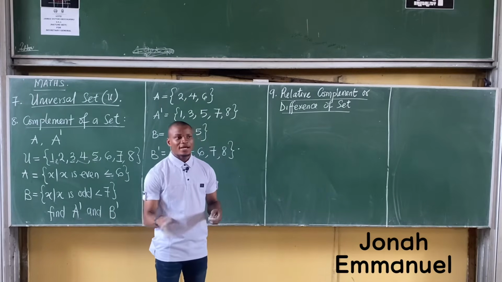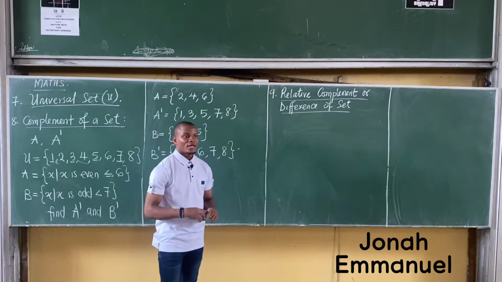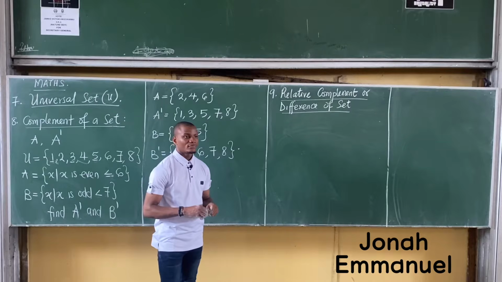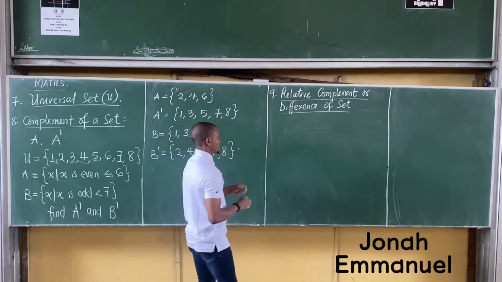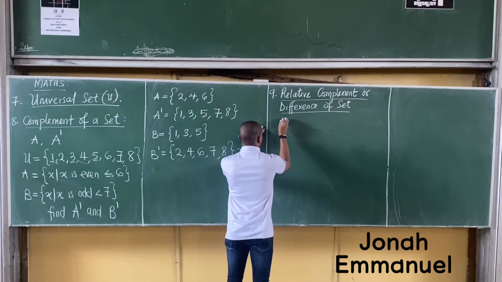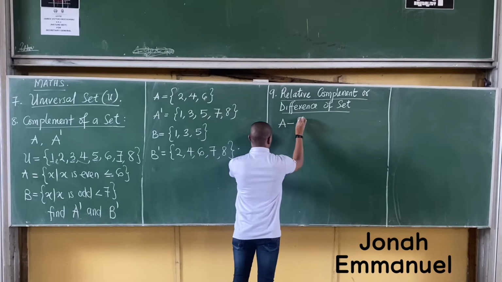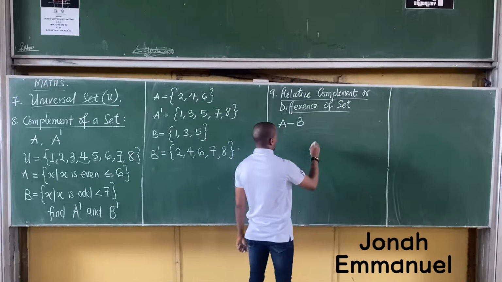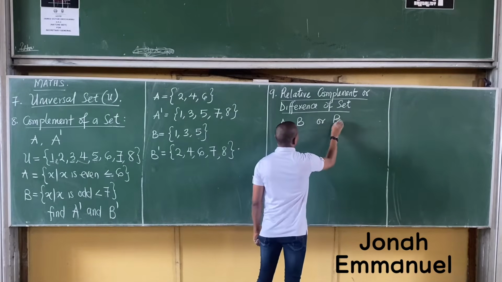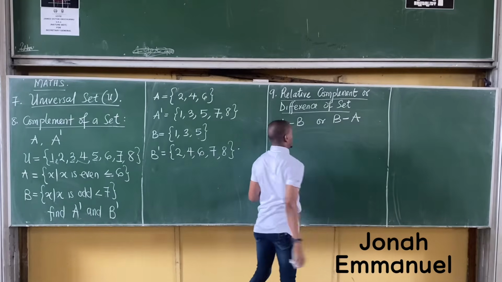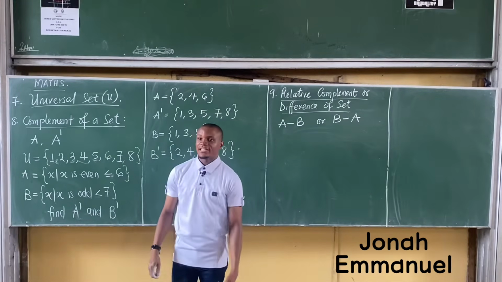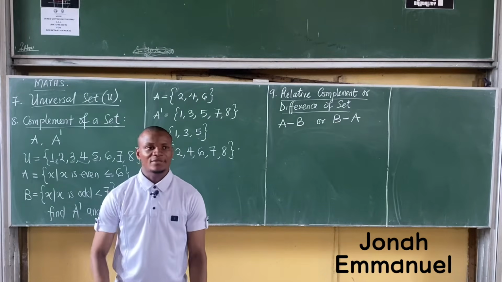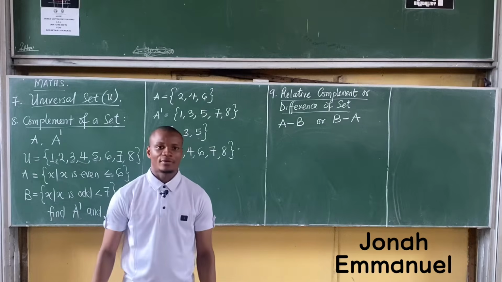Given two sets A and B, the difference between the two sets is given by A minus B, or perhaps B minus A.